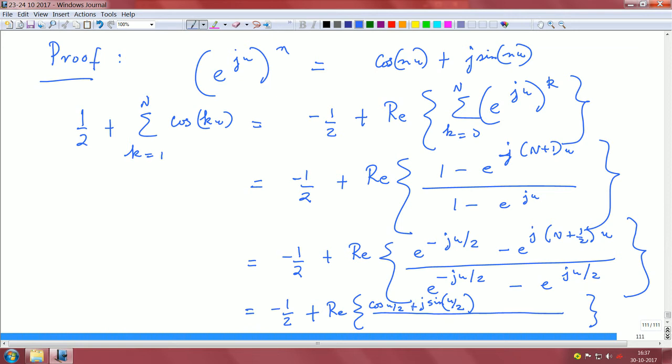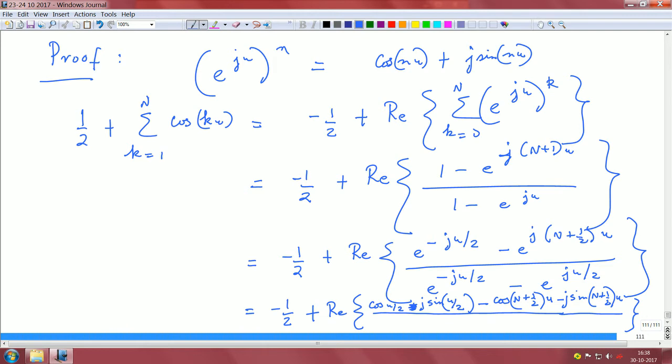Okay, this is a minus here, minus j sin u upon 2 minus cos (n plus half) u minus j sin (n plus half) u.